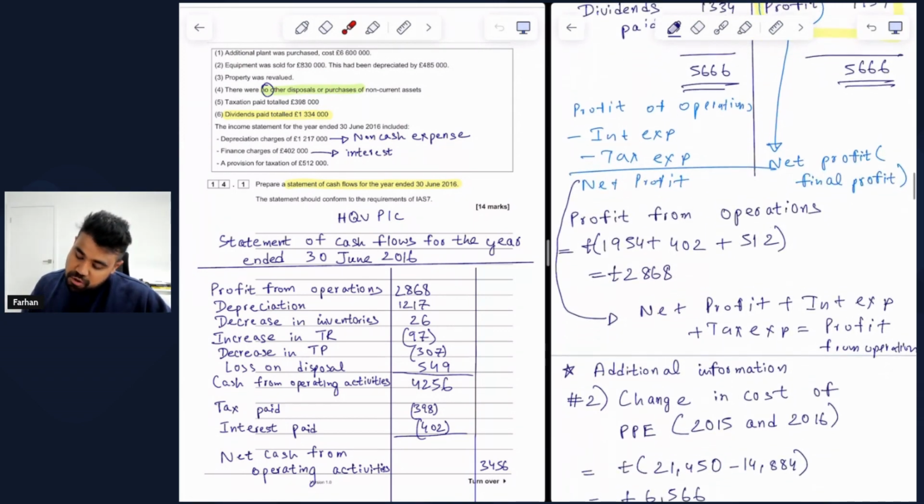So if you want to convert from net profit to profit from operations, you add back interest expense and tax expenses. And if you want to do the other way around, you could start with profit from operations, and then you subtract the interest expense, and then you subtract the tax expense to arrive at net profit.